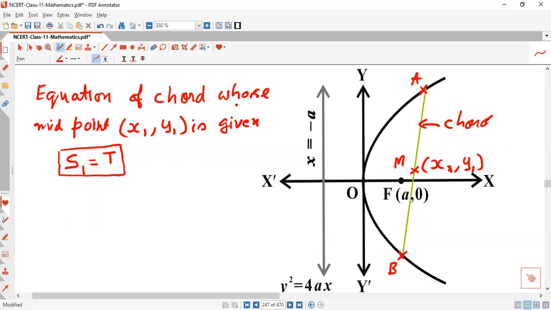So we are stopping this parabola. I think I have covered all the important points on this chapter.